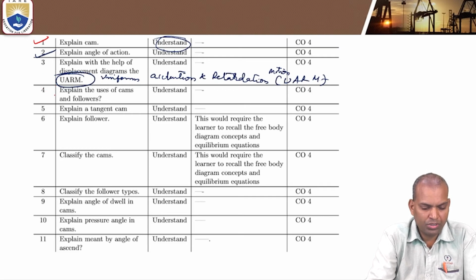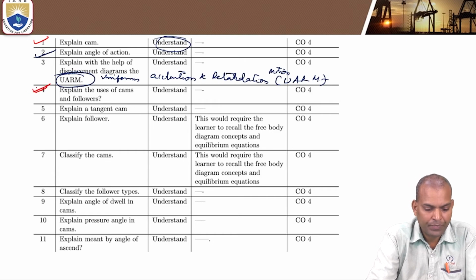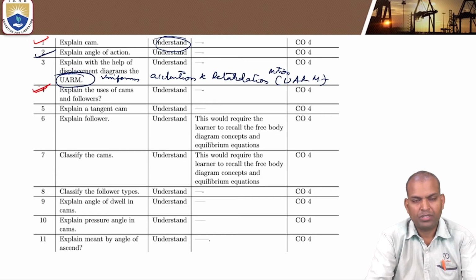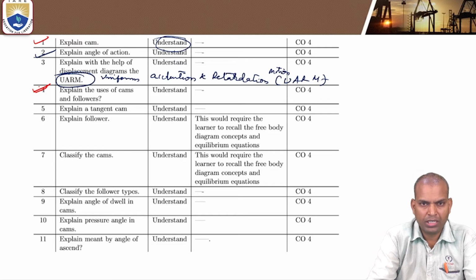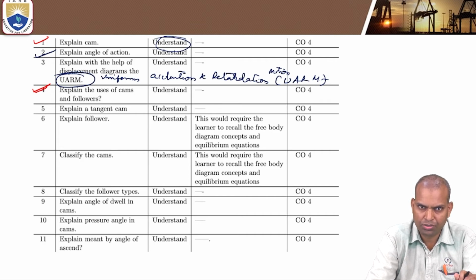Now explain the use of cams and followers. Yes, I answered this without seeing the question. These cams and followers are highly important in internal combustion engines for controlling the valves. These valves are highly important in order to supply the fuel and to let out exhaust gases during the exhaust stroke.